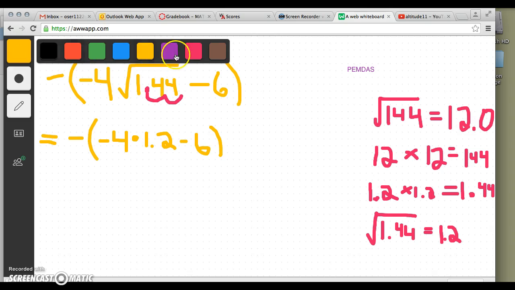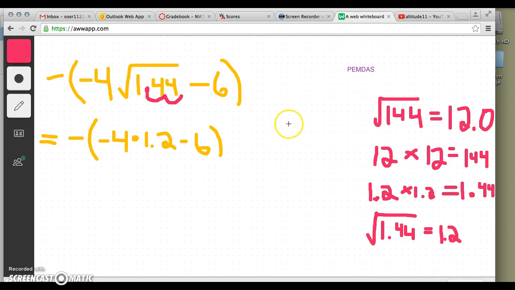All right, so let's go ahead and change our color. We're going to do some more side work over here. So we're going to have 4 times 1.2. Remember guys that we can just basically treat this as 4 times 12. We'll just need to account for this 1 decimal place that we have over here at the end. So first off, 2 times 4 is 8.